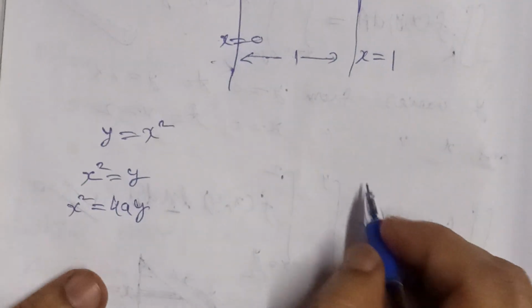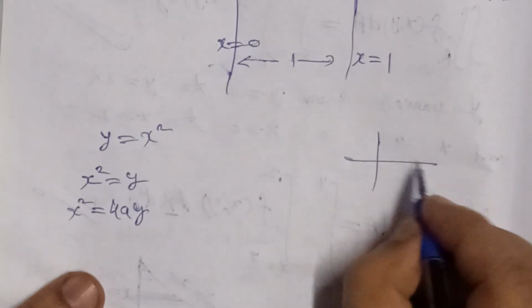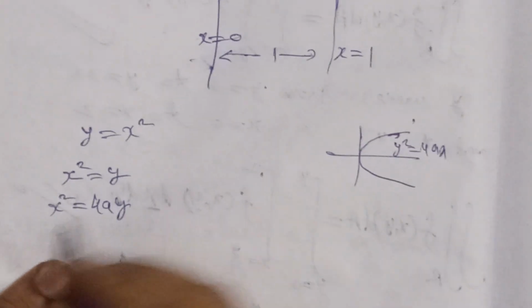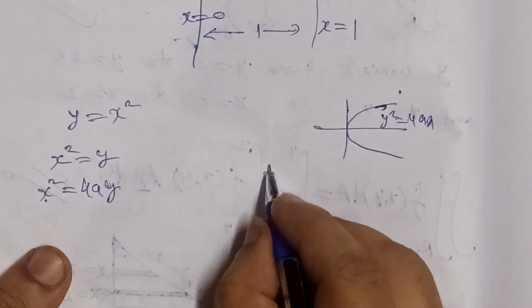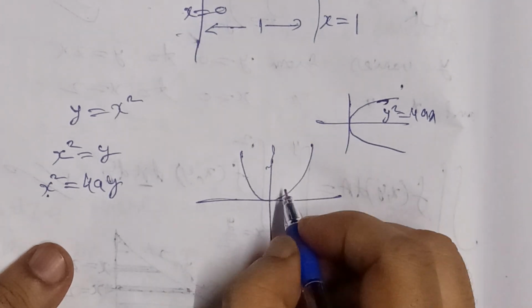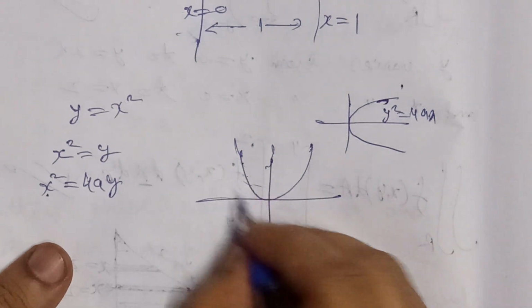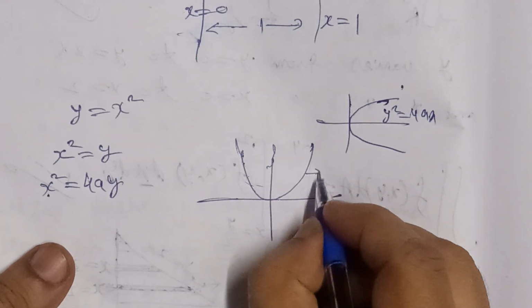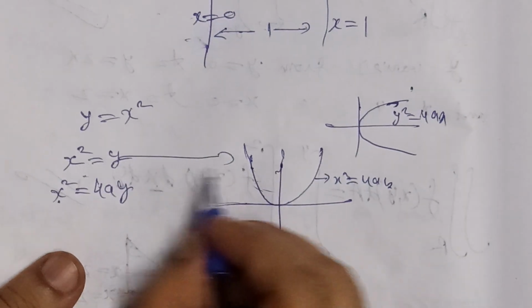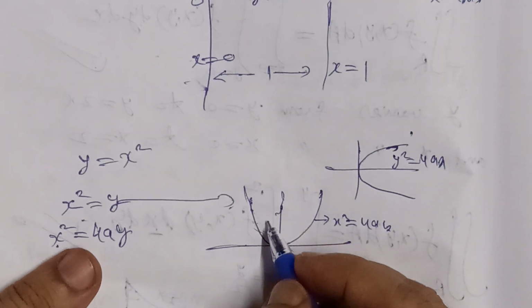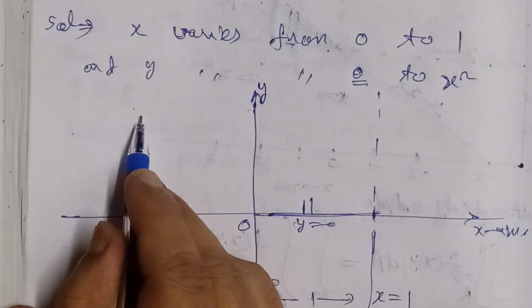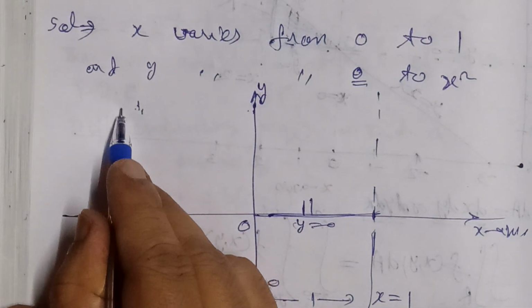This parabola is like this on the positive side, and roughly I write it as symmetrical about the y-axis.